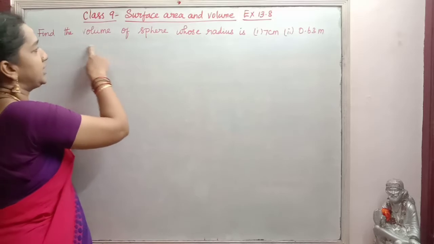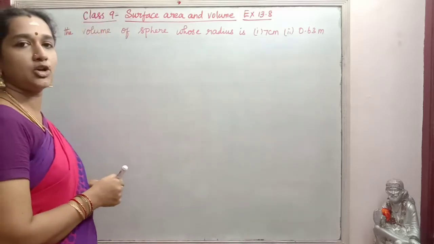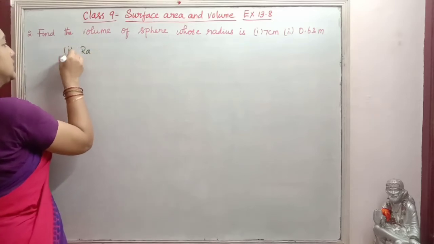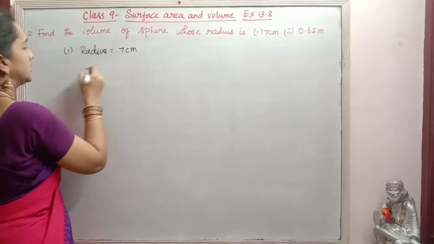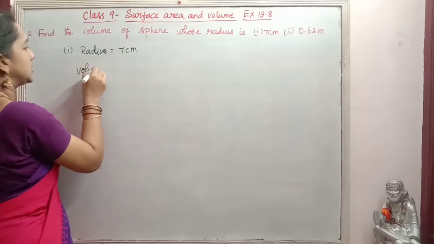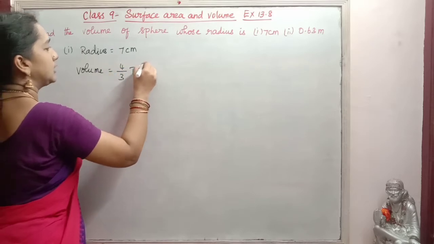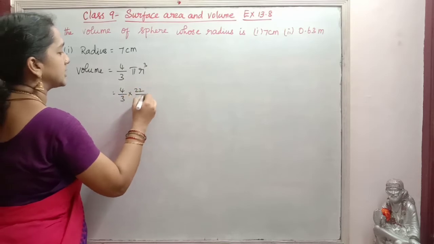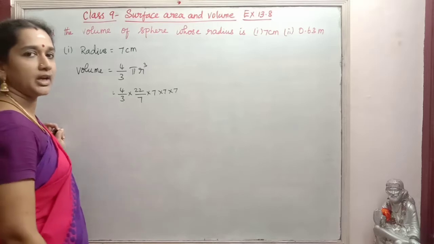Next sum: find the volume of a sphere whose radius is 7 centimeter and 0.63 meter. First sum, radius is equal to 7 centimeter. So volume of the sphere is equal to 4 by 3 pi r cube. 4 by 3 into 22 by 7 into radius 7, that we are substituting.